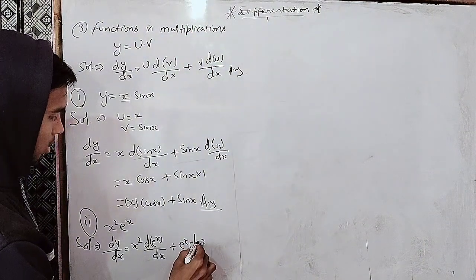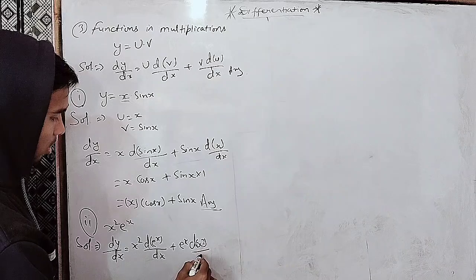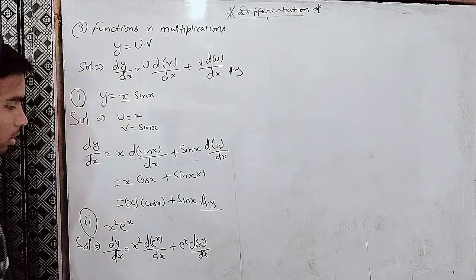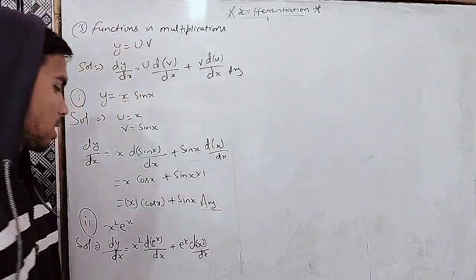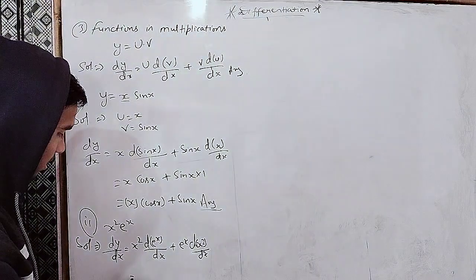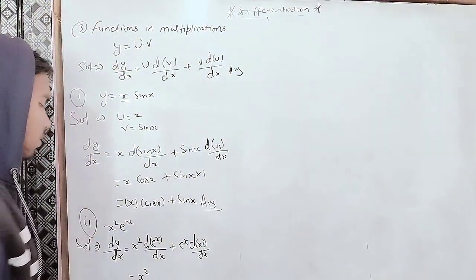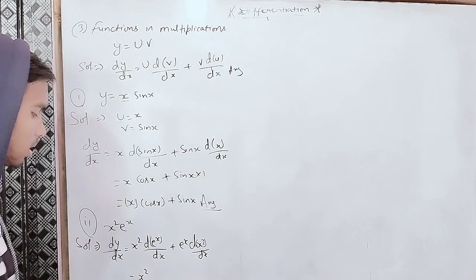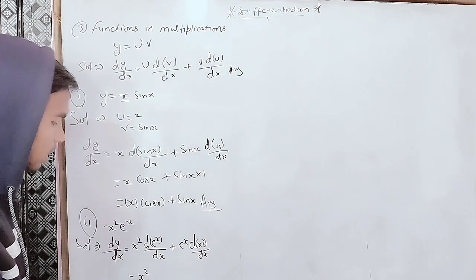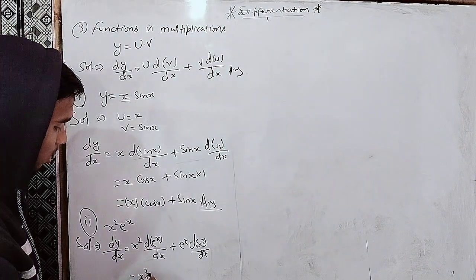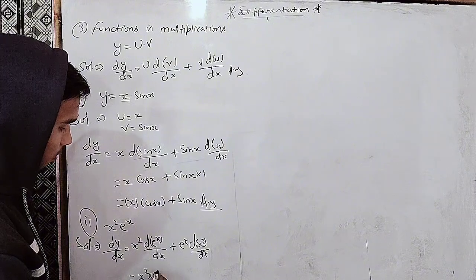Next we do the differentiation of x square. Differentiation of e to the power x, as we said, you don't want to change, would be the same.